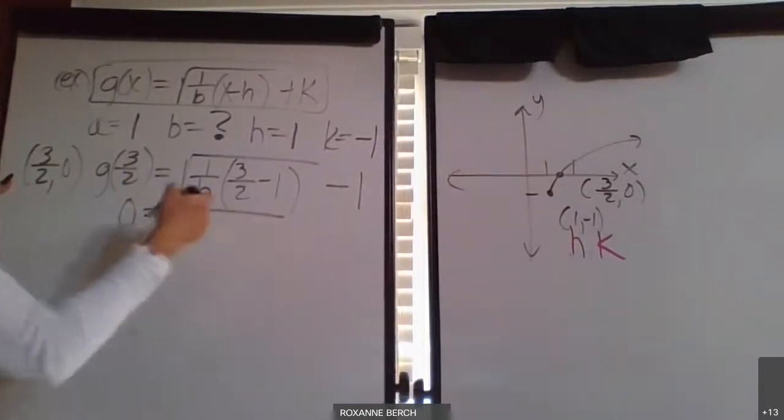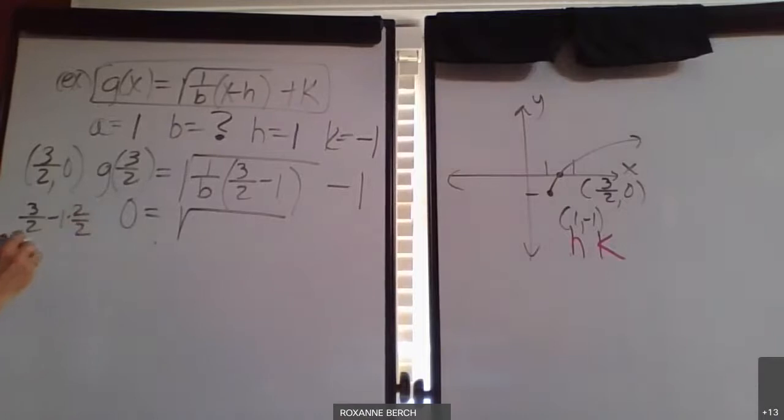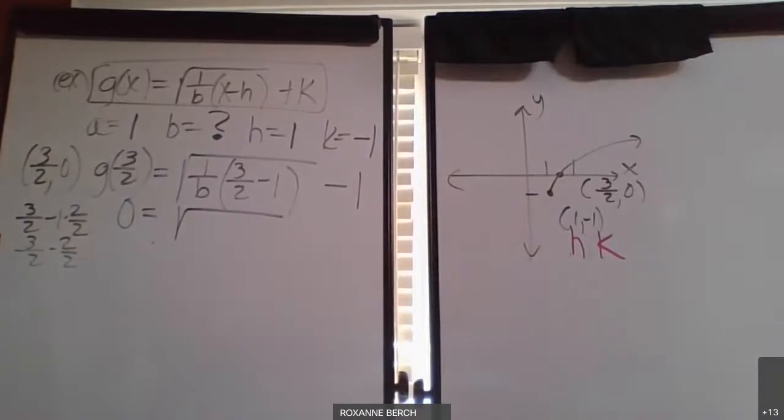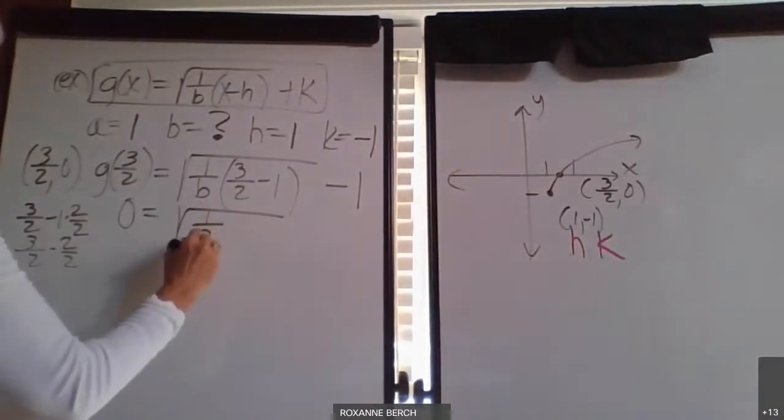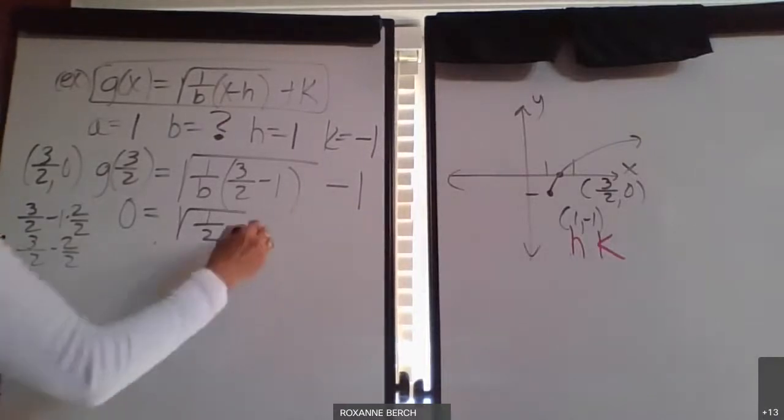But over here, you might want to get a common denominator. So I'm just going to take 3/2 minus 1 and get a common denominator, which would be 3/2 minus 2 over 2, which is a positive 1/2. Right? Minus 1.